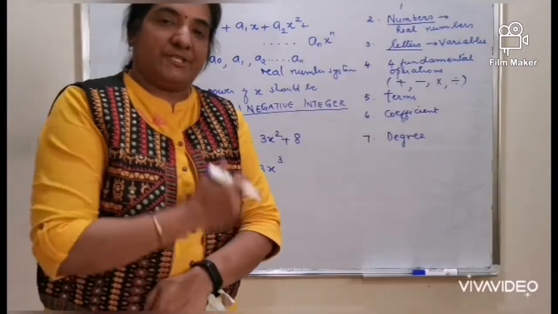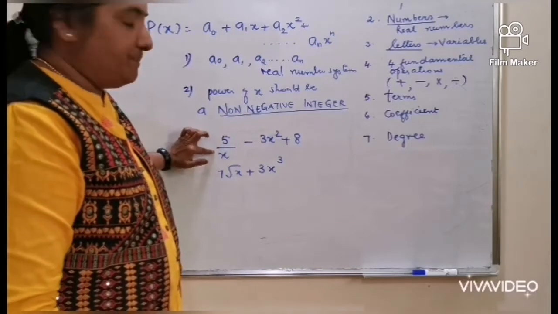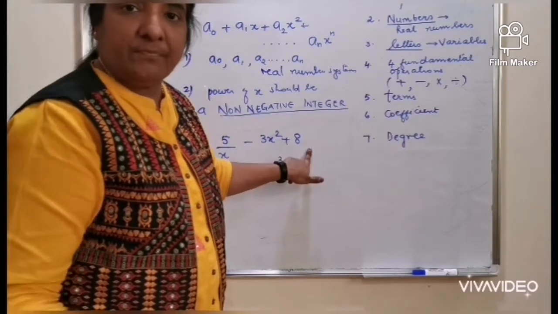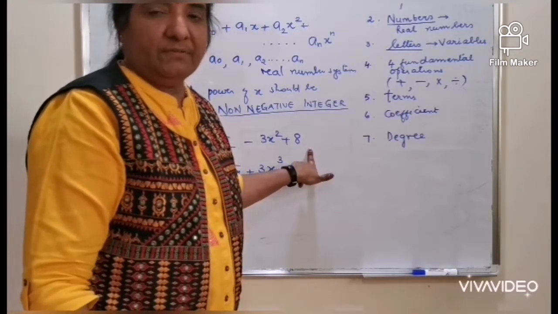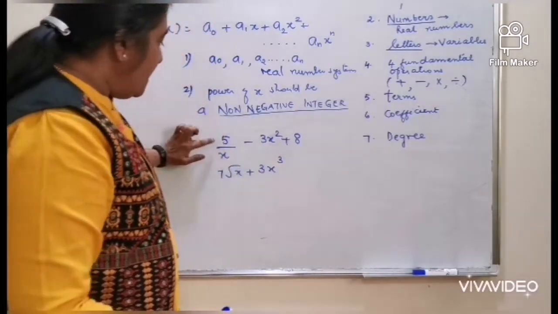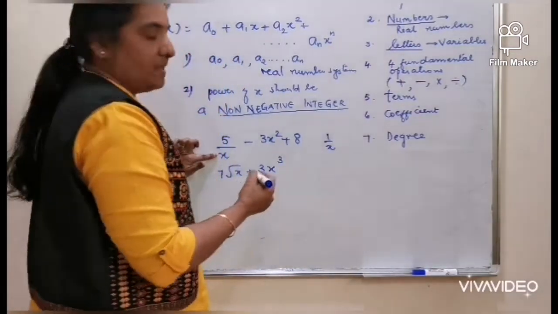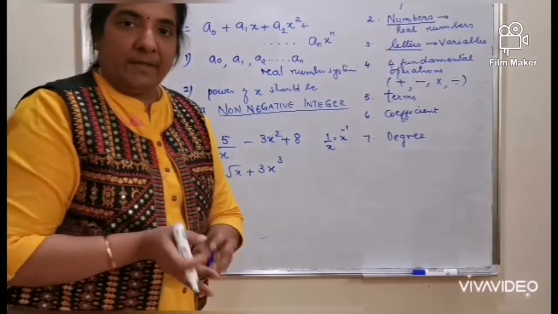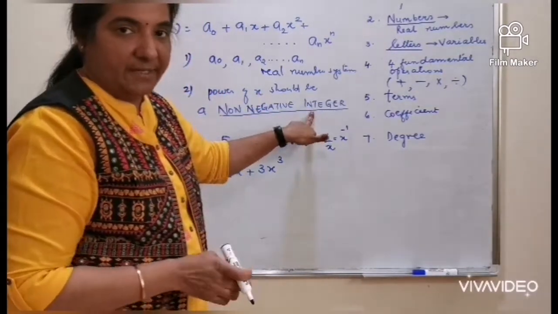Consider these expressions. The first expression, 5 by x minus 3x square plus 8. Is it a polynomial or not? The answer is no. Why? Because 1 by x in the first term corresponds to x to the power of -1, by which the second condition is not satisfied.